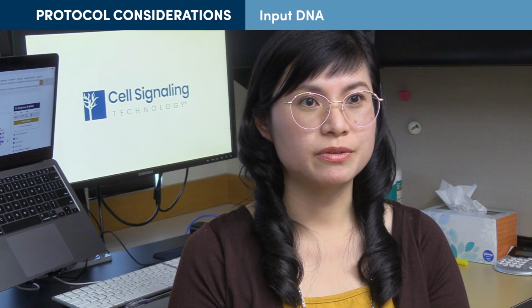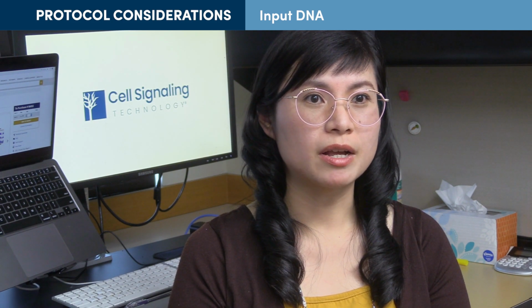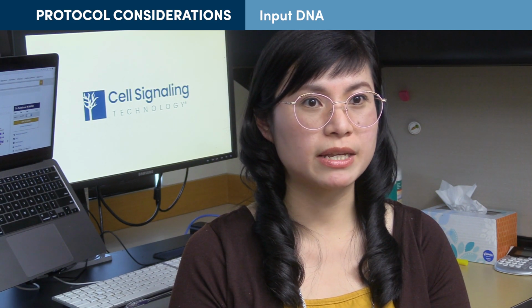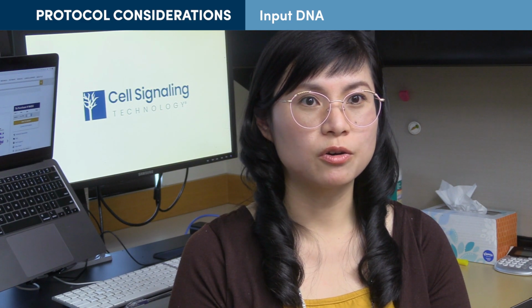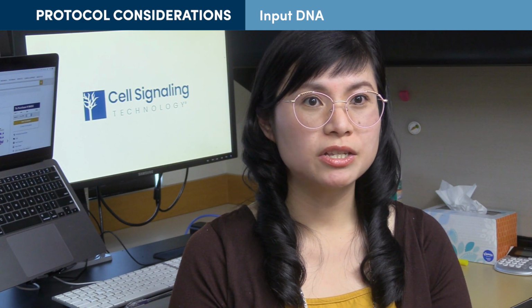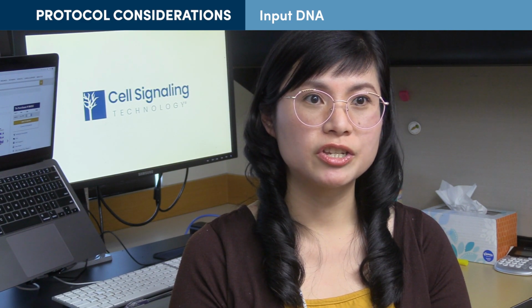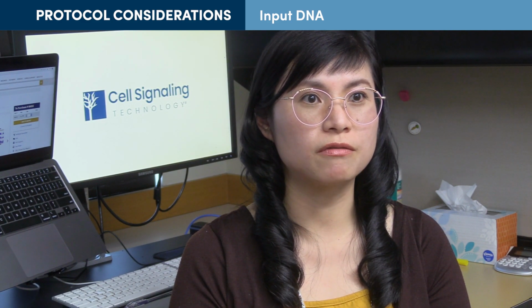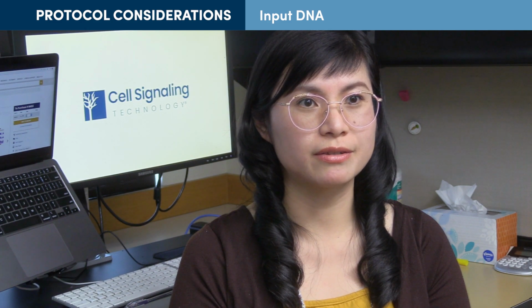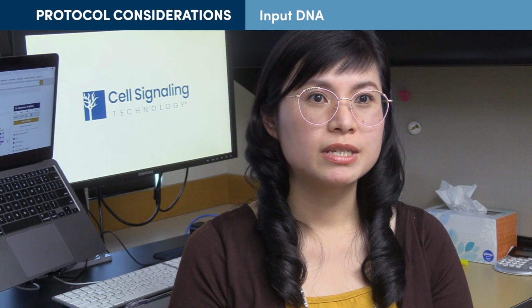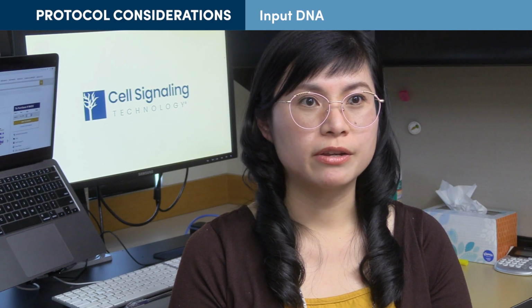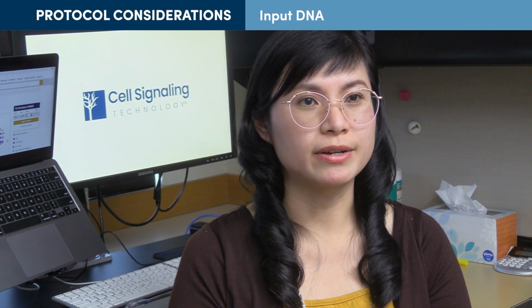For NGS controls, input DNA fragmented either by sonication or enzymatic digestion is preferred over IgG. Normal IgG antibodies generate low-diversity DNA libraries and can generate non-specific enrichment of genomic regions in cut-and-run. Overall, input DNA is a better indicator of whether your target antibody is working well in the assay.